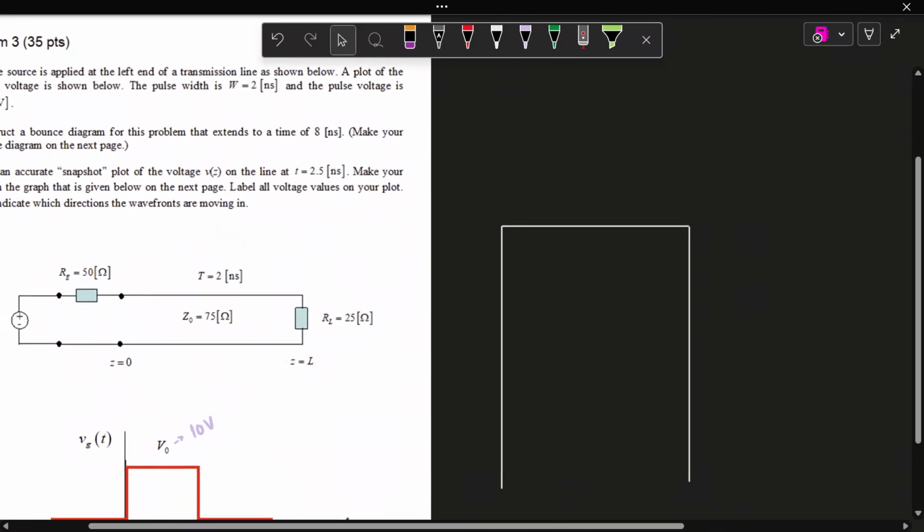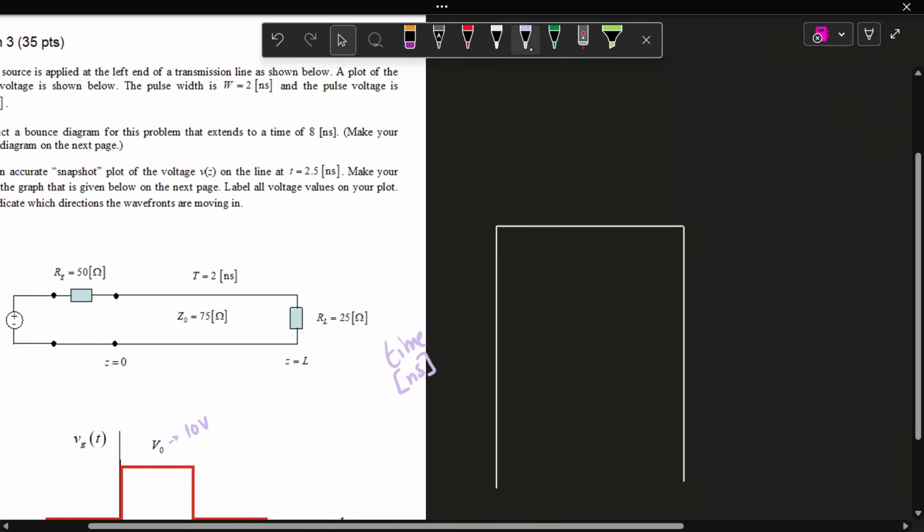Well, the first thing I would do is construct our time axis. The time axis is the axis on the left side. This is time, and we want to make sure to say it's in nanoseconds. Just for us to know, the left wall of the bounce diagram is going to be our source. This is then going to be reflected on this side, where this is the load.